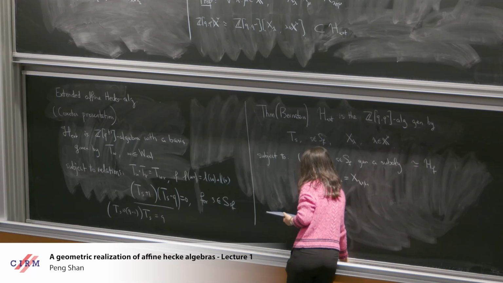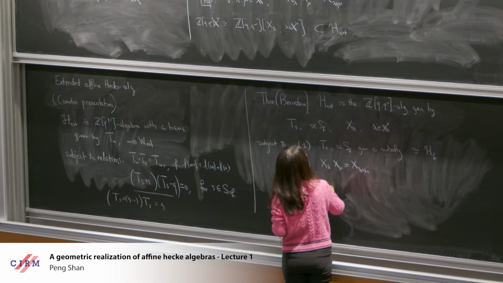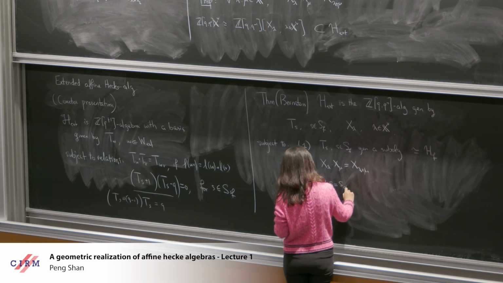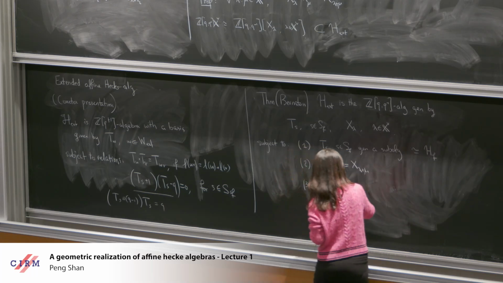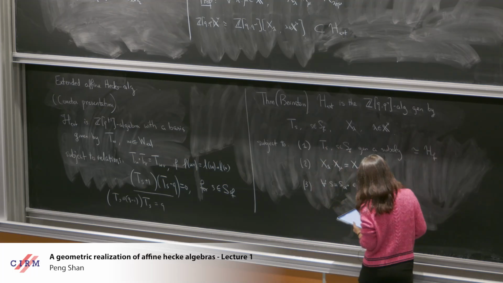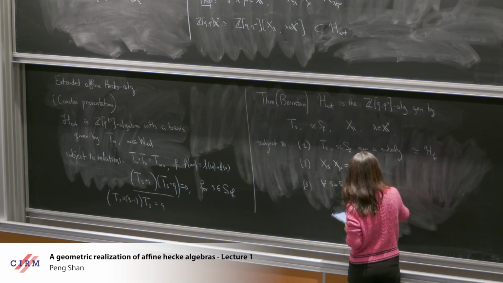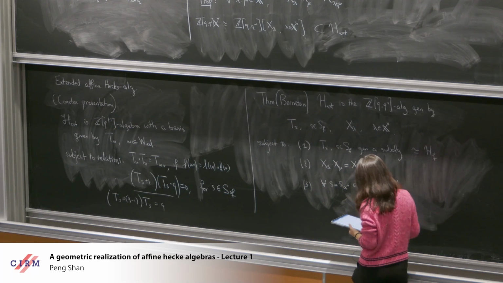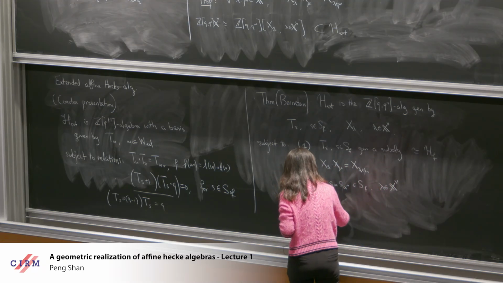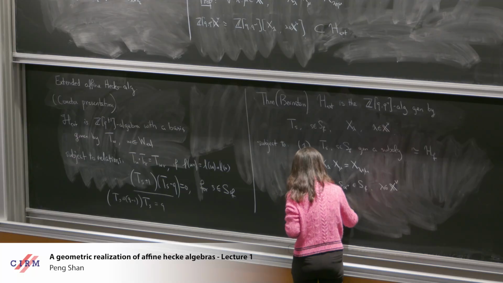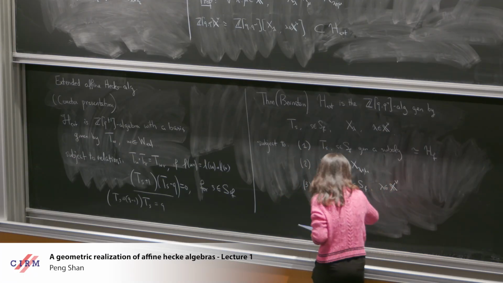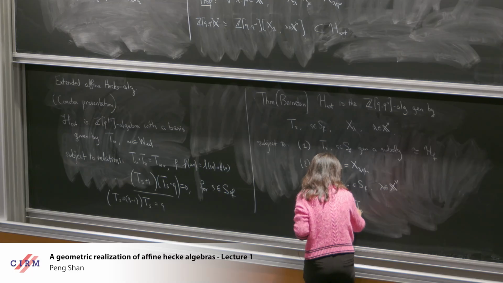So for s equal to s alpha check a finite simple reflection, and lambda in X check, you look at T_s times X lambda minus X of s lambda times T_s.